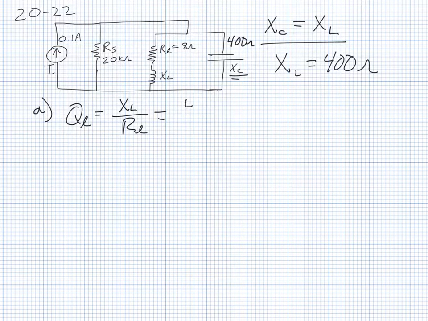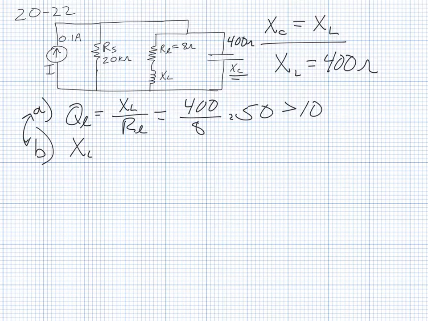We have 400 divided by 8, which gives us 50. And of course, that's greater than 10. So therefore, we can use our assumptions. All right, let's see here. B. Actually, I think B was to solve for Q, and A was to solve for the reactance of the inductor. But I'd already written that out, so we'll just leave that as that, and I think these two are actually switched.